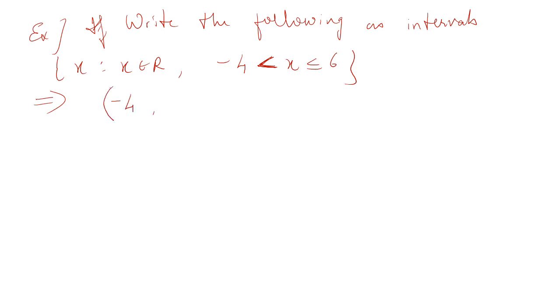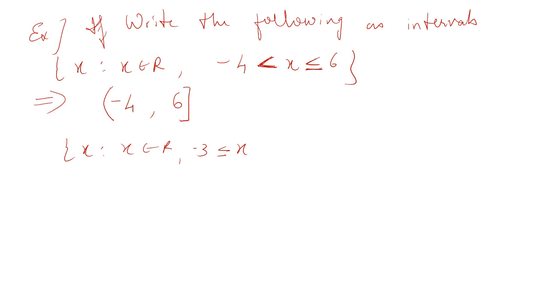And here it is less than or equal to, which means including 6. Whenever it is including, you have to take a big bracket. So this is the interval form of the set builder form, and we call it a semi-open interval.